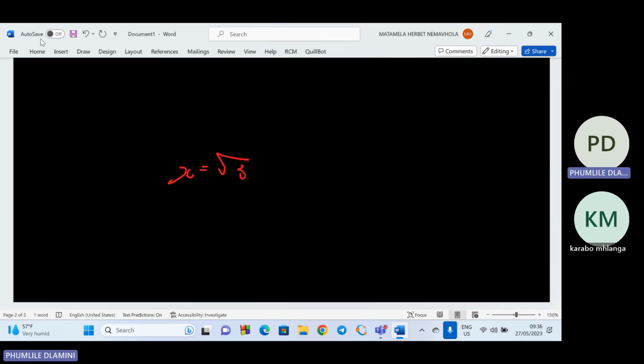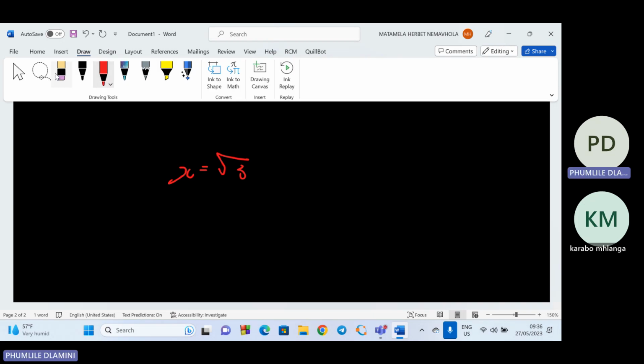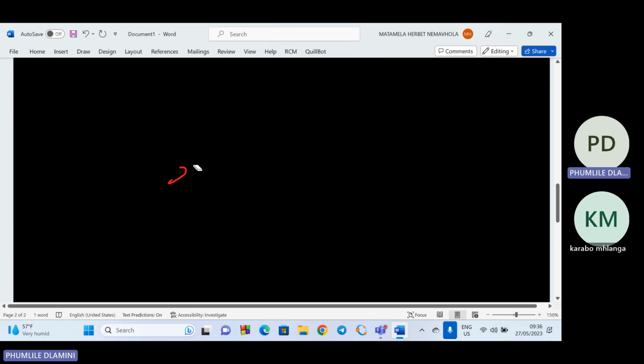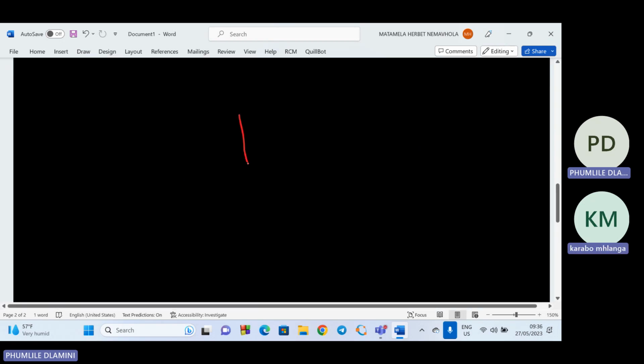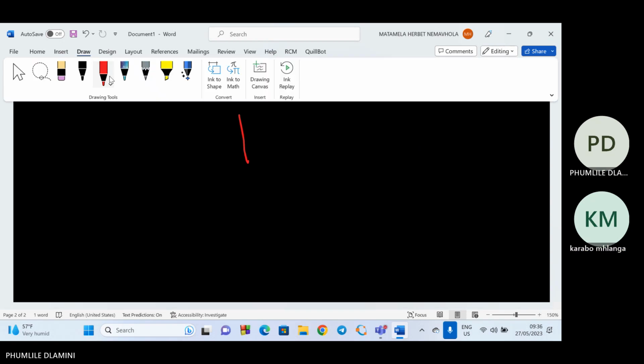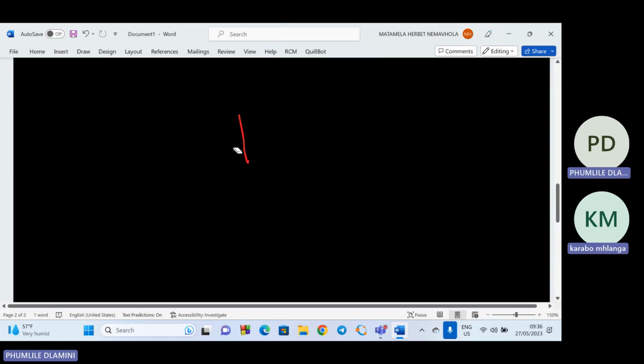So in this one here, we also have another one for 60. We have 3 of them, the special angles that you need to remember. The other one is when your angle is 60.